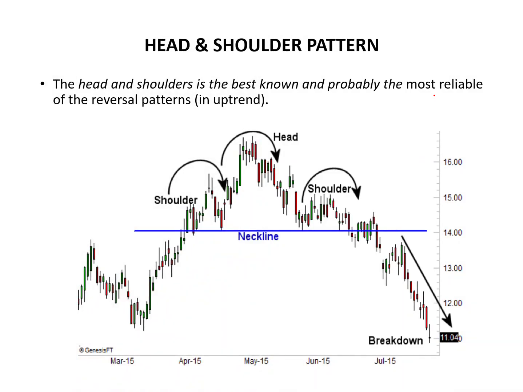First pattern, the head and shoulder pattern. It is called head and shoulder because it looks like a head and shoulders. It is the best known and probably the most reliable of the reversal patterns in an uptrend. Here in this chart you can see there was a portion which looks like a left shoulder, and then there was a neck, and then this is called the head, and again prices moved up and this formed a right shoulder.